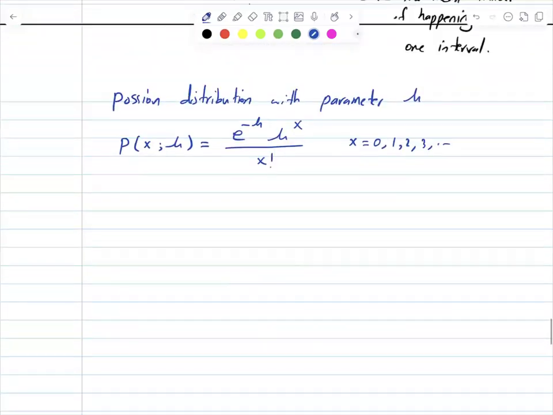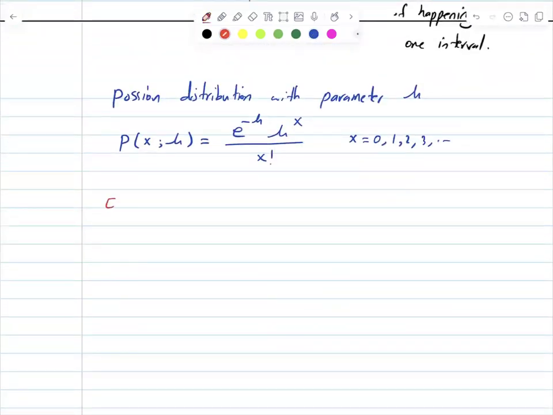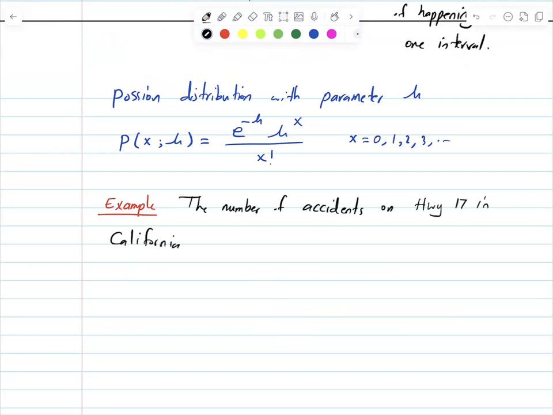One quick example for you. The number of accidents on Highway 17 in California each day basically follows a Poisson distribution.